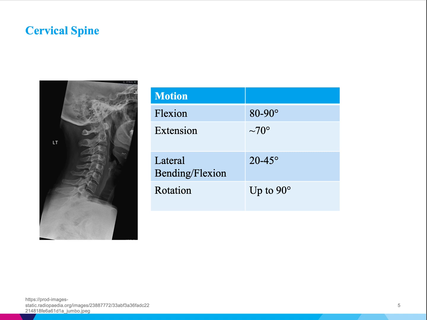In rotation, this is turning your head left to right as if you're shaking your head no, up to 90 degrees in each direction. Of course, there's going to be a lot of variability between individuals, and within an individual, as one ages, there can be decreased range of motion. But these are some good approximations for what normal range of motion of the cervical spine is.